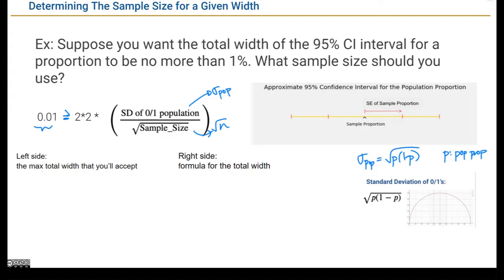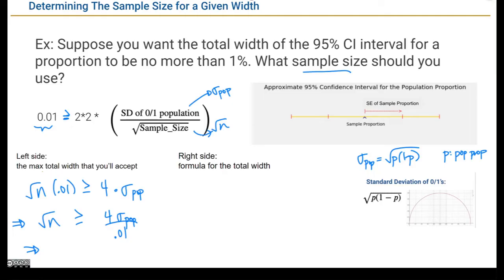Multiply both sides right now by square root of n. That's going to give me 4 times sigma sub pop. And then I'm going to divide both sides by 0.01. So then I can square both sides.